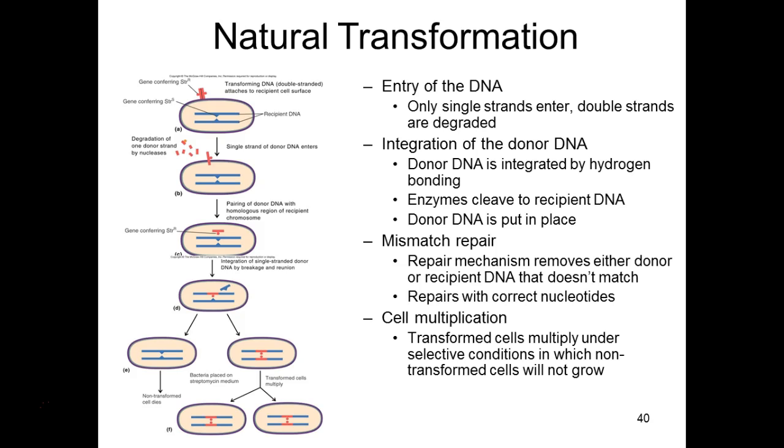So step by step, right, we got to have a donor cell that died and its DNA became part of the environment. You have the recipient cell that's competent, that's willing to take in the DNA, right? It takes it in single-stranded. It finds a place to put it. If it chooses to put it into its chromosome or into a plasmid, incorporate it into the cell, then it's become transformed.